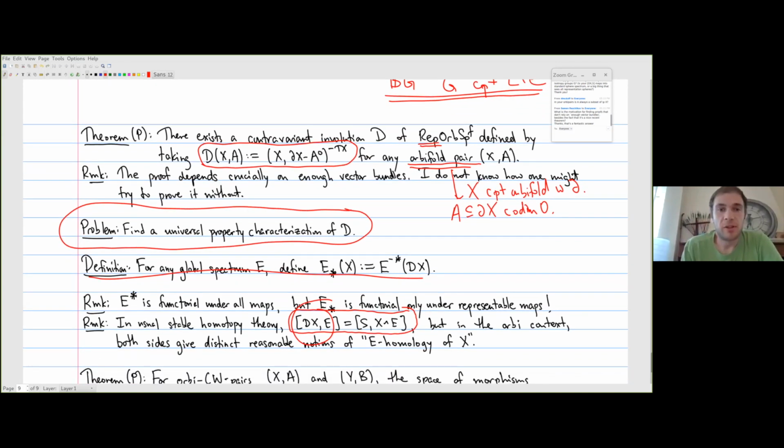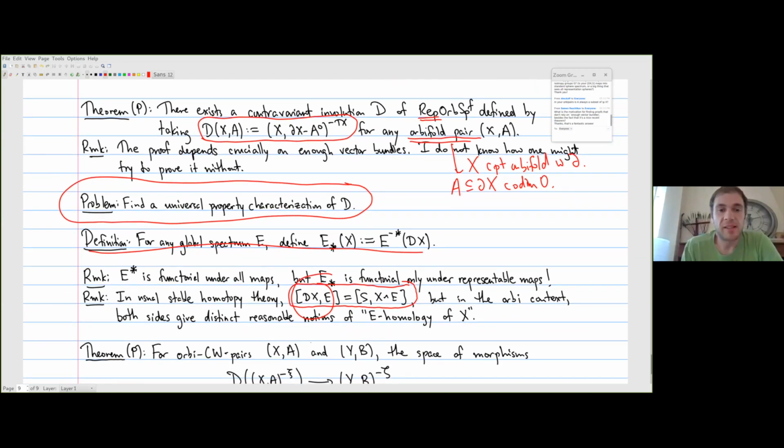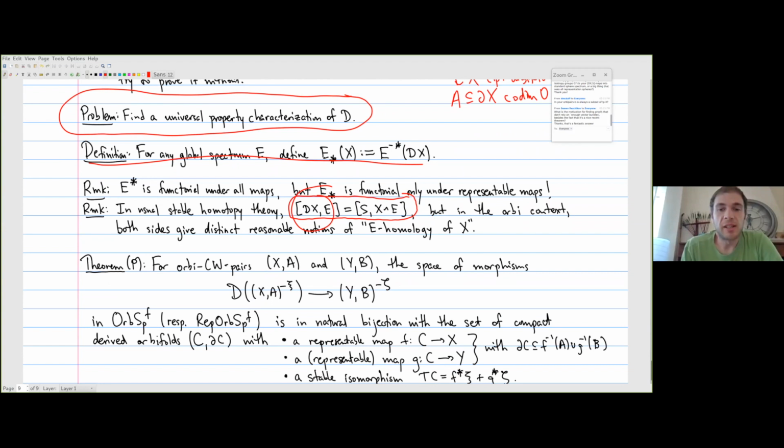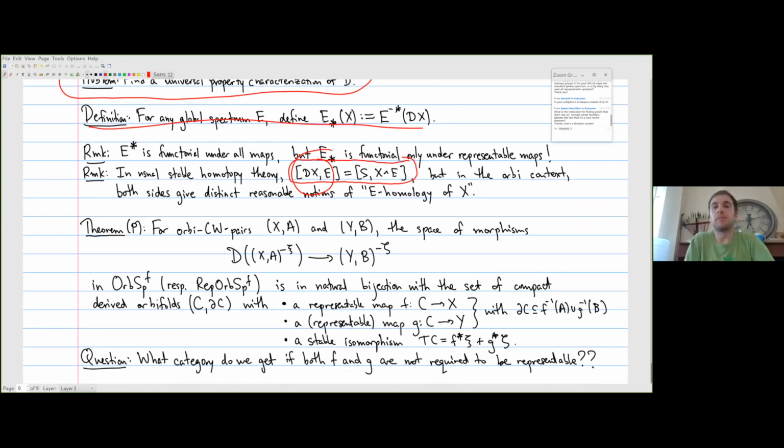Okay, one last thing to say is that essentially the same discussion, the same proof of Pontryagin-Thom, gives you a description of the morphism spaces in these categories of spectra in terms of bordism groups.